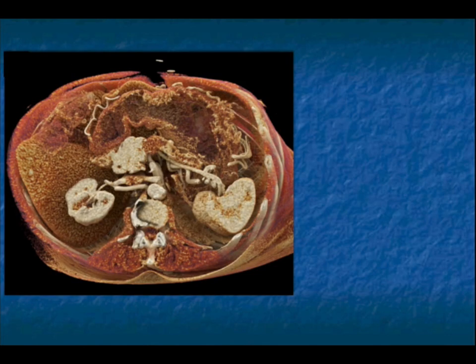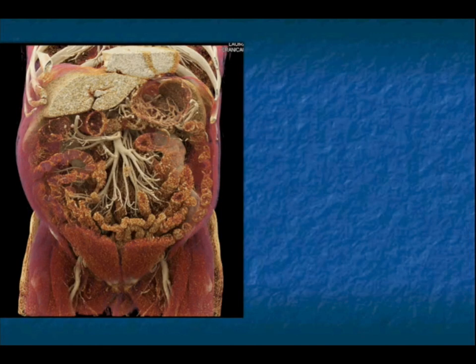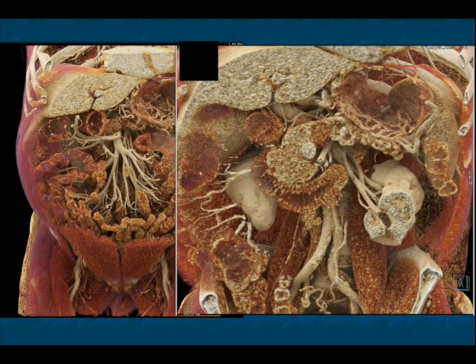Here's some of the texture mapping, again nicely showing you the low density of the patient's tumor, the dilated duct, and the normal gland immediately adjacent to it. Here's the coronal view, showing you very nicely the portal vein and SMV, and also showing you the patient's tumor and how the texture of the tumor is different than the texture of the gland in the head, which is normal, as well as in the tail, which has some atrophy with the dilated pancreatic duct.